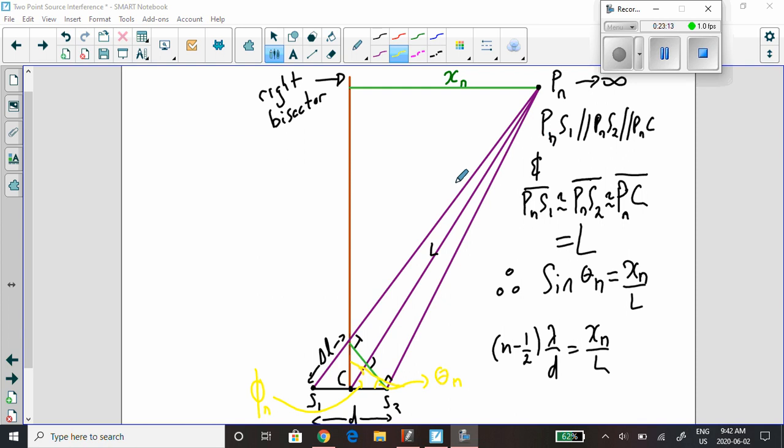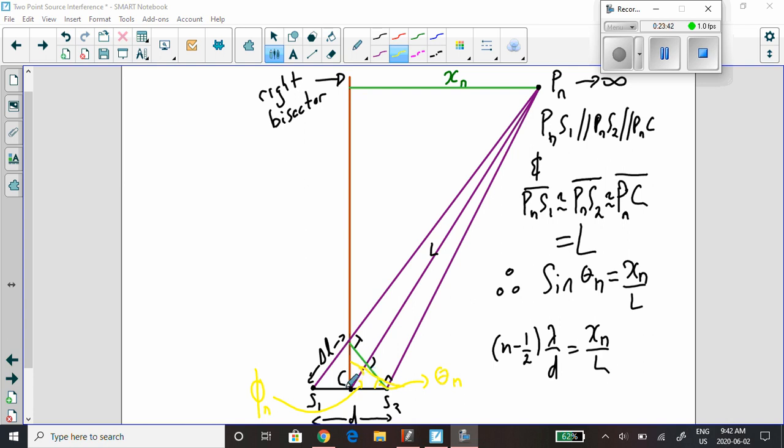All right, now let's take a look at this situation not so much in an angular view, but in a linear view. So instead of being really worried about this angle right here, theta n, I want to know how far away this point Pn is from the midline, which is a right bisector.